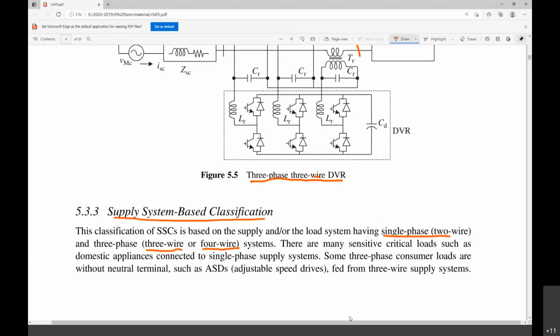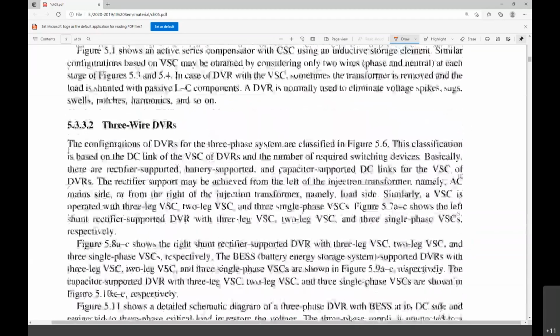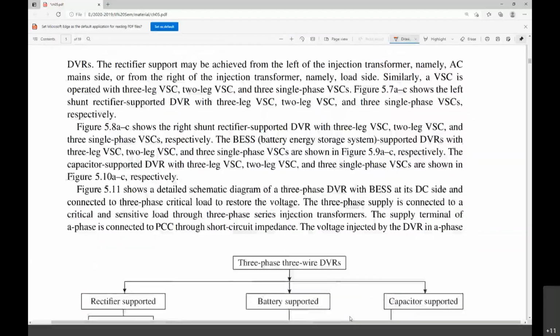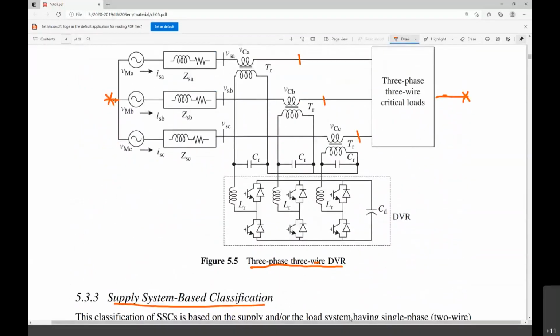Now we are going to see how the three-phase four-wire system looks like, in which there is a neutral connection over here, as I have shown.